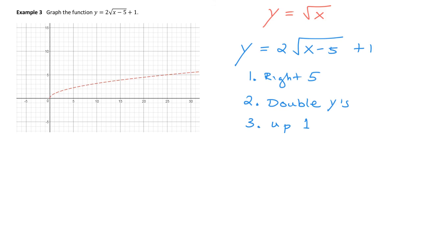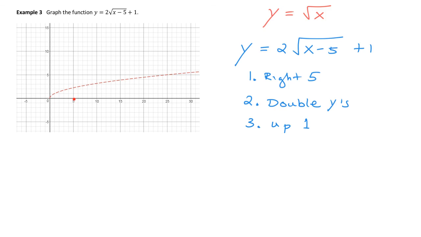So the points I'll use, let's use, how about (0, 0), (4, 2), and (9, 3). Starting at (0, 0), if we go right 5 places, that means I go to (5, 0).